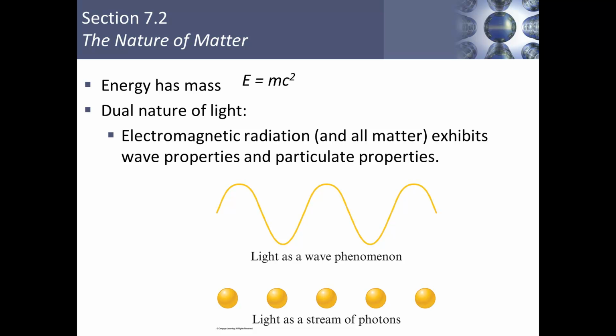Again, all of these observations led to the idea of the dual nature of light, where electromagnetic radiation and all matter exhibit wave properties and particulate properties. So we can treat electromagnetic radiation as a light wave or as a particle, and we can treat matter as both particles or as waves.